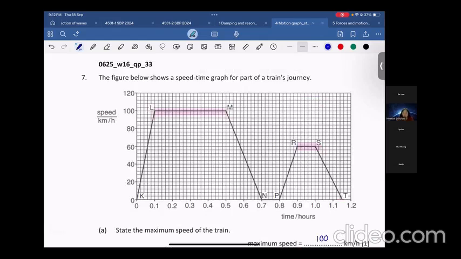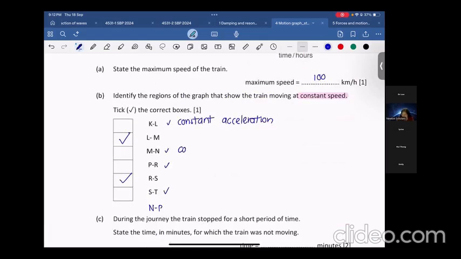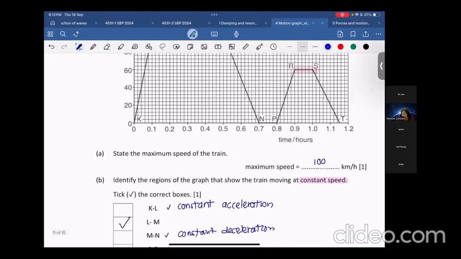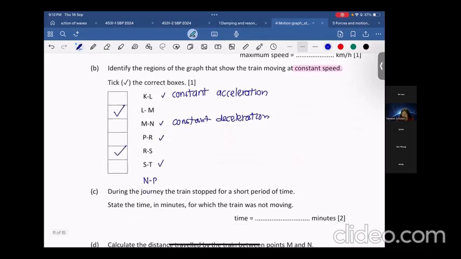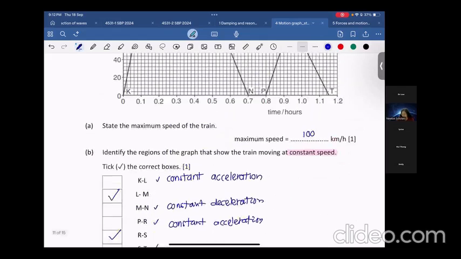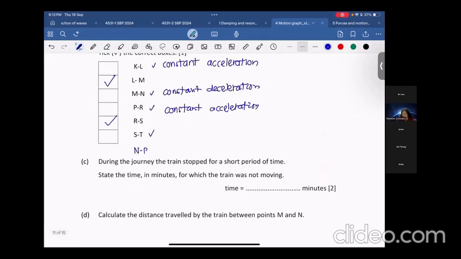Okay, MN at here. Can you see that the speed decreases? So it's constant deceleration. PR going up, speed increases. So constant acceleration. ST going down. So it's constant deceleration.